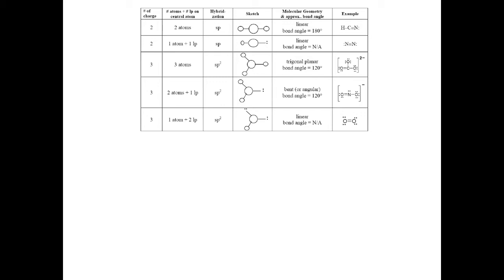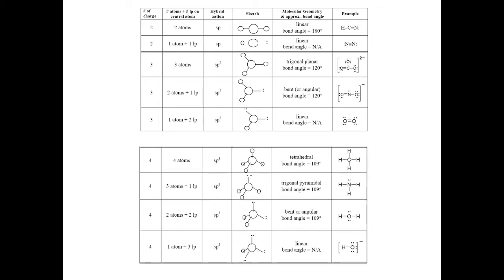For Z equal to 3, we will have three types of geometry. One is trigonal planar, another is bent or angular, and it can also be linear when there are two lone pairs. For Z equals 4, we have 4 different combinations. First one is tetrahedral, the very familiar example being methane.